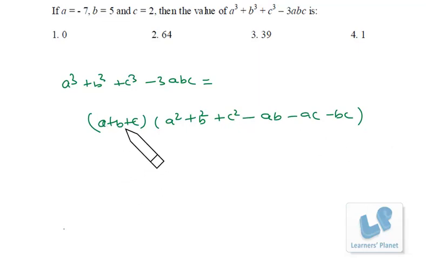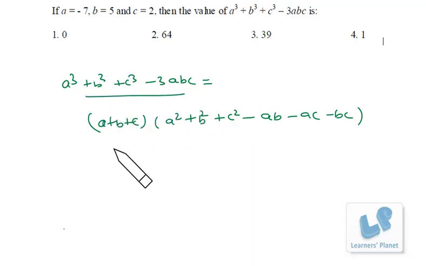So if a plus b plus c is equal to 0, this entire right hand side will be 0. In that case, a cube plus b cube plus c cube minus 3abc will be 0. That means a cube plus b cube plus c cube will be equal to 3abc, right?